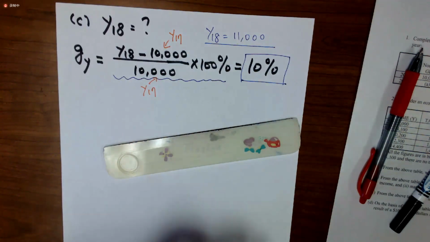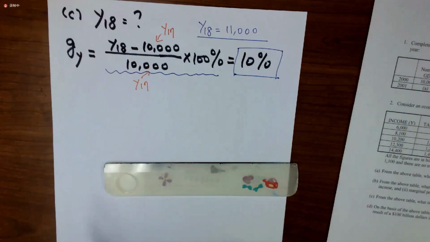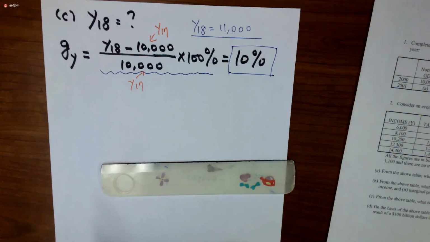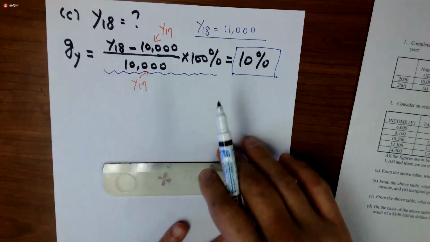All right. So I'm done with B, D, C, E. So what's next you want me to do? What's next? A. A. Thank you.